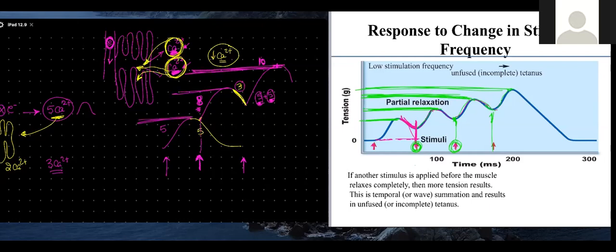So you see on here, if I have fast stimulation, I have higher frequency of the stimulation rather than having one stimulus and then allowing the muscle to completely relax. I'm getting higher frequency stimulations, preventing a complete relaxation of the muscle.